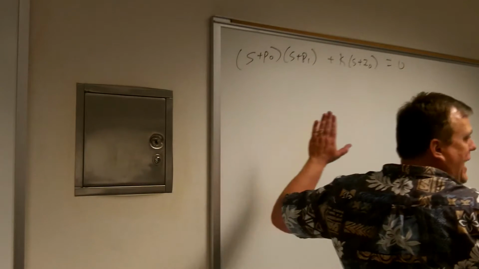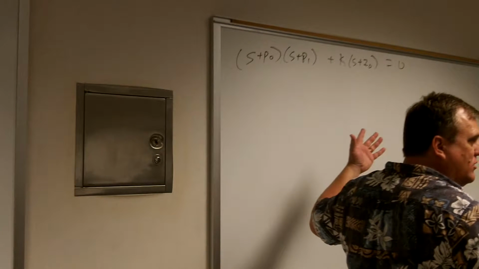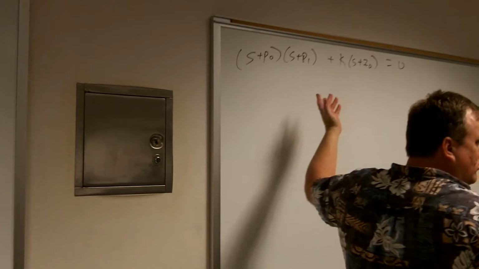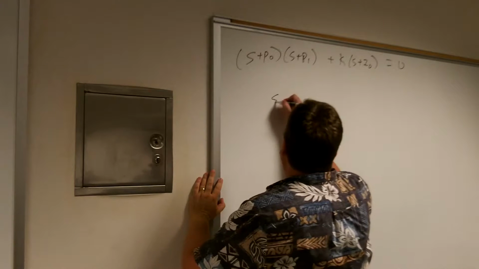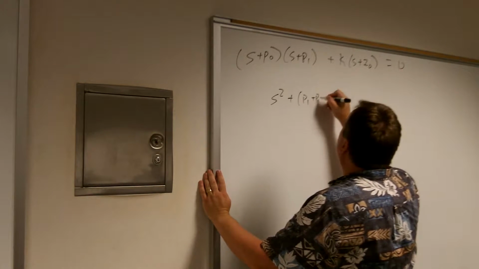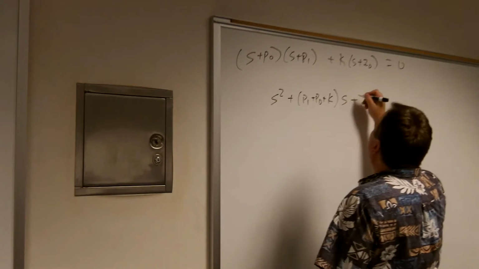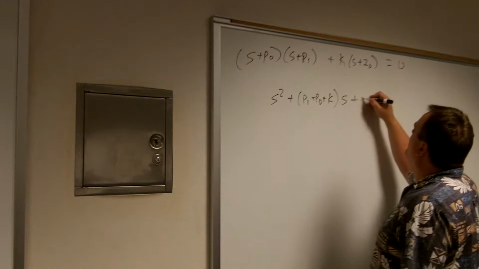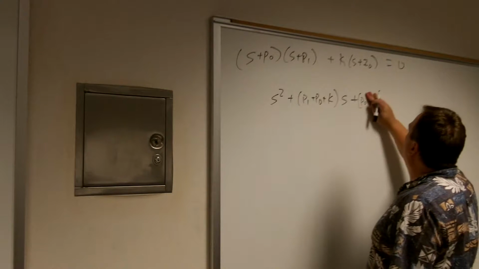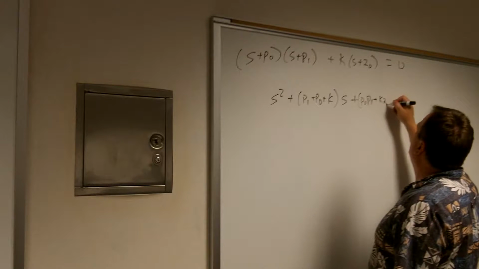If I now wanted to factor this to find out where the actual roots of the system are for any value of k, I could multiply through, and I would get s squared plus (p1 plus p0 plus k) times s plus p0 p1 plus k z0.